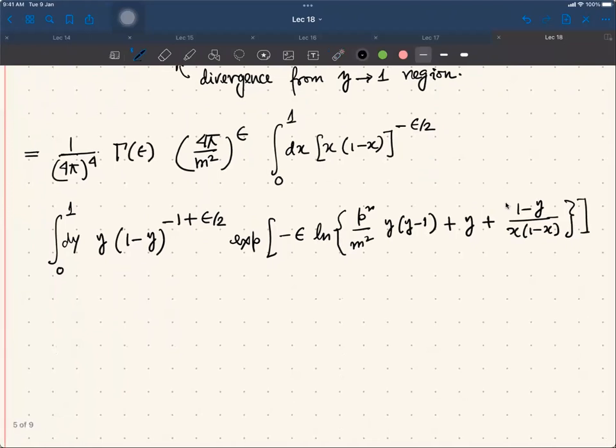And then expand this exponential, that would be a power series expansion in epsilon as well.